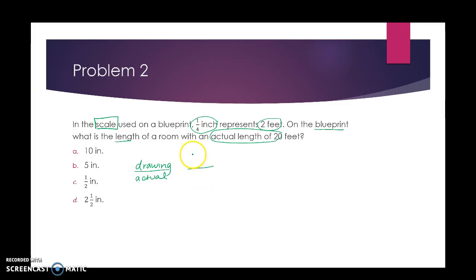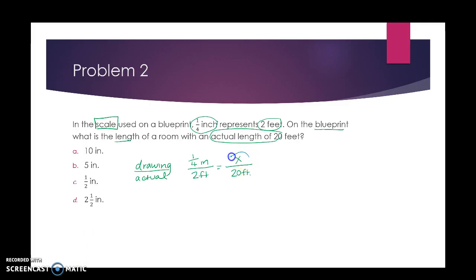So the scale being 1/4 inch represents 2 feet. And then it says we're looking for the blueprint. So drawing is on top, so that's what I do not know. And we do know that the actual length is 20 feet. And of course we keep our dimensions consistent, so feet always goes on the bottom.